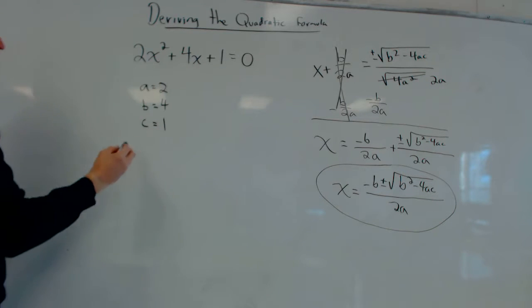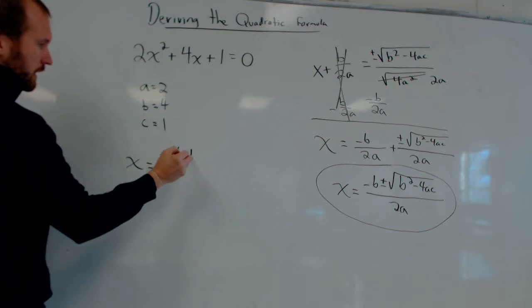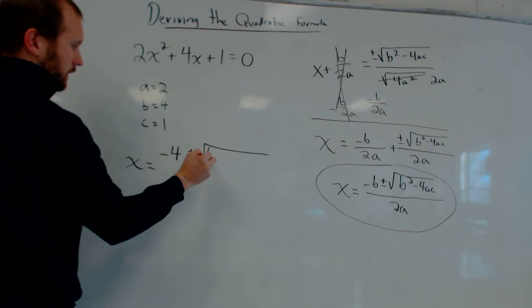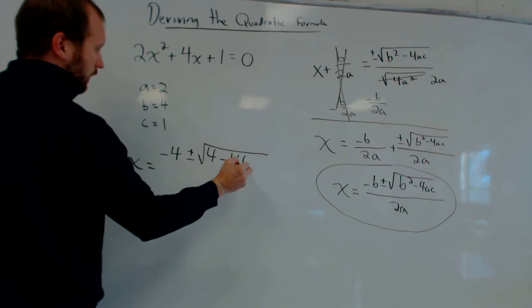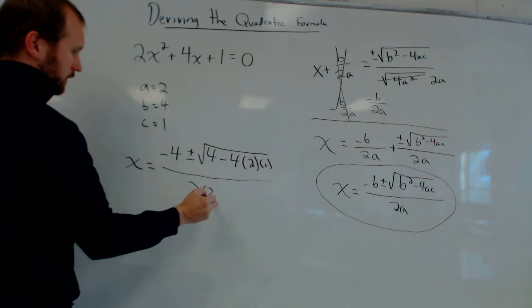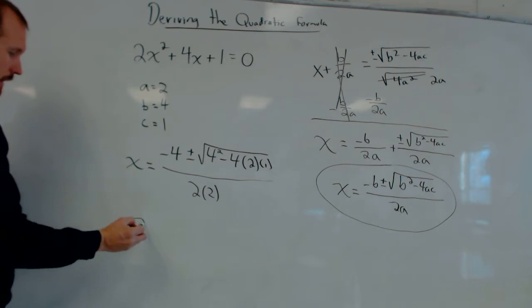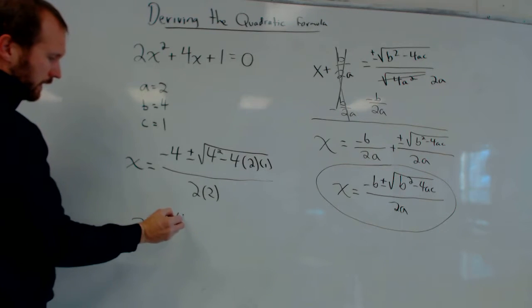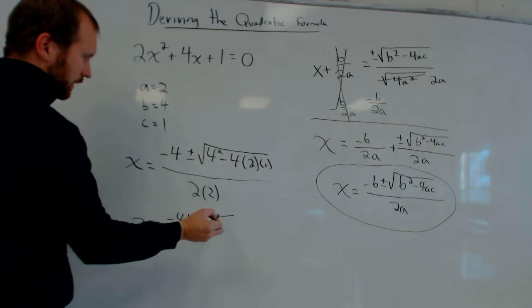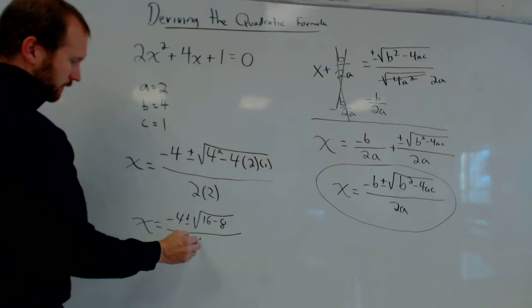So all we have to do to know the solutions to that is x equals negative b plus or minus the square root of b squared minus 4 times a times c, over 2 times a. Oh, now I can simplify that, right? x equals negative 4 plus or minus the square root of 16 minus 8 over 4.